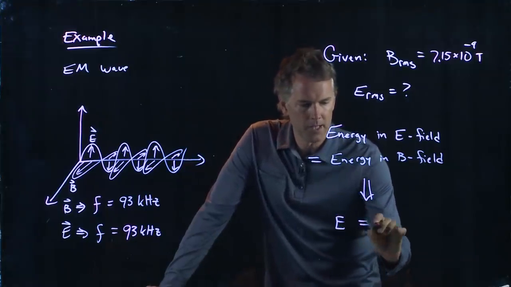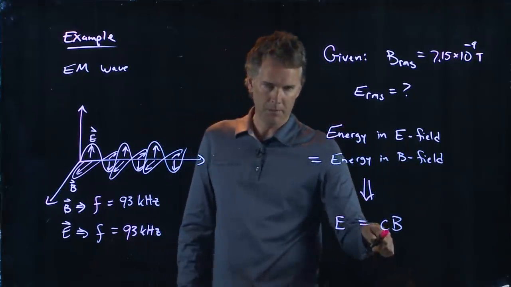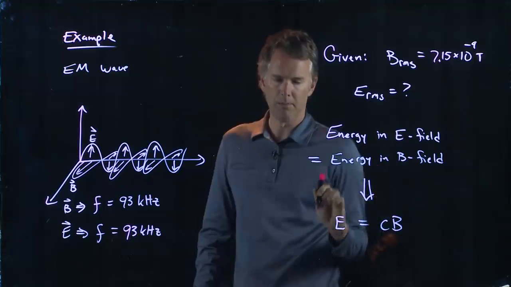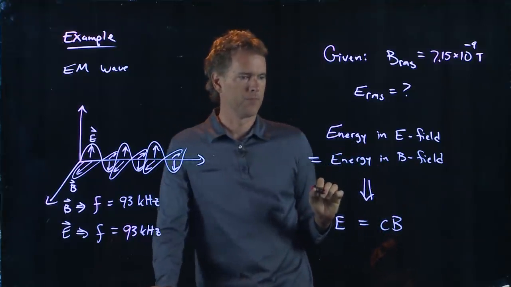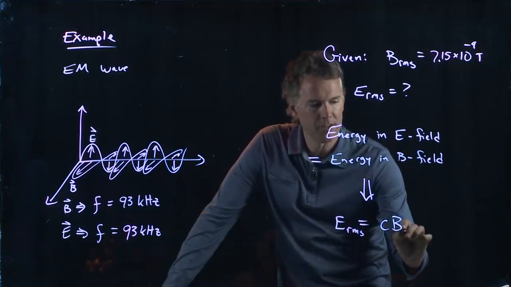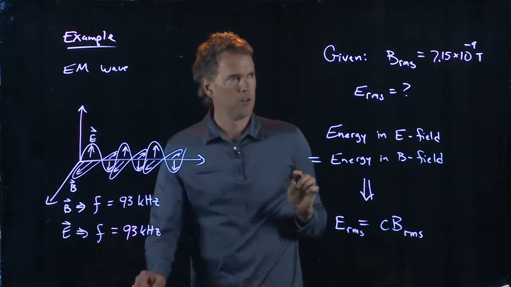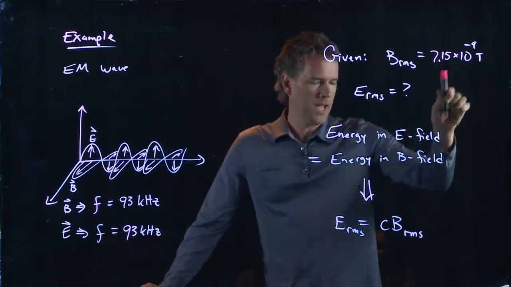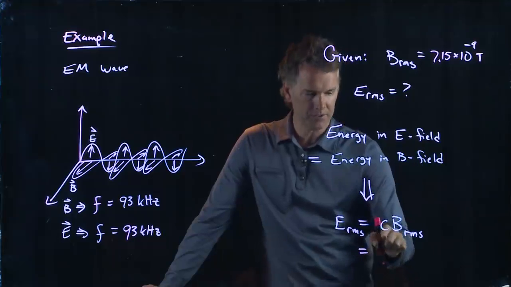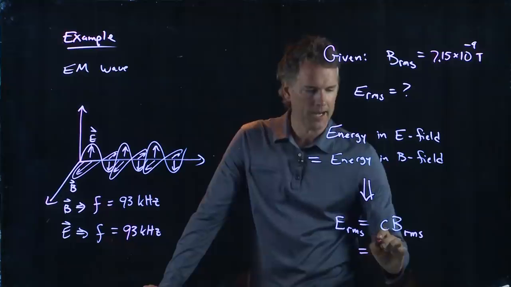So what is the electric field? It's equal to c, the speed of light, times the B field. Okay? So E RMS is just equal to c times B RMS. So if I take this value of B and I multiply it by c, 3 times 10 to the 8th meters per second, we're going to get the right answer.